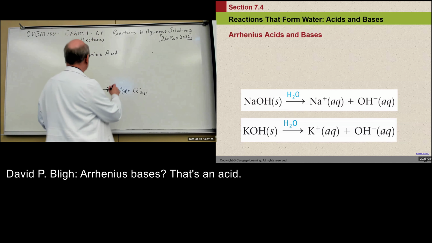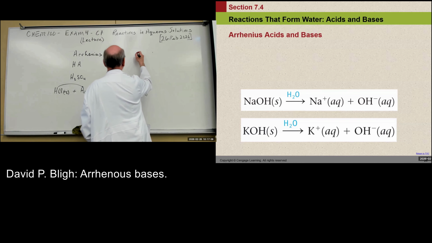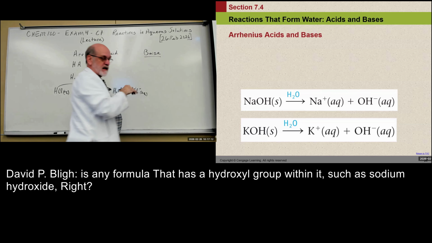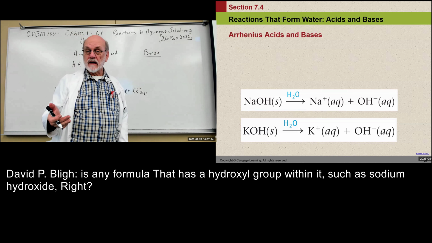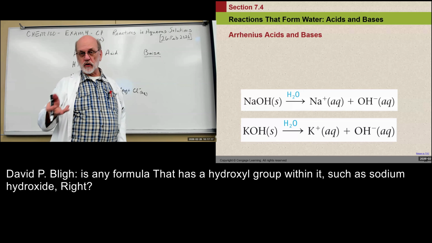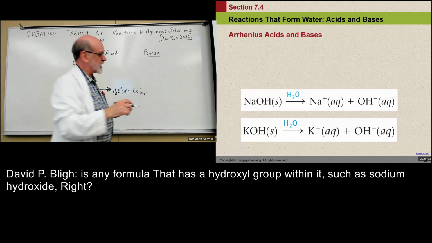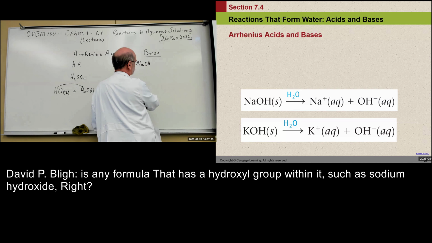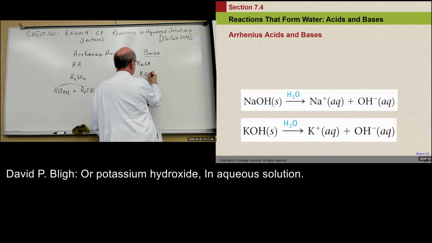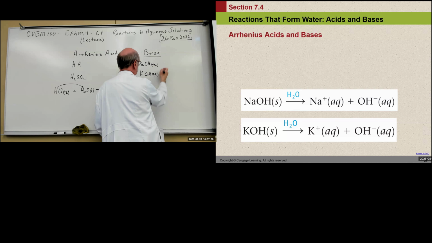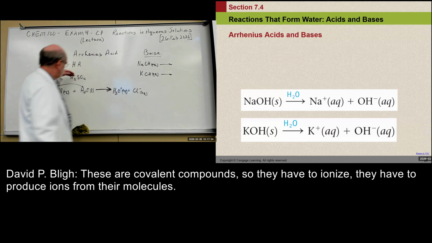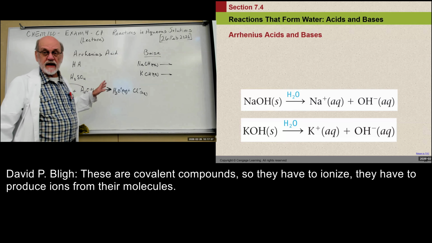Arrhenius bases, that's an acid. Arrhenius bases is any formula that has a hydroxyl group within it, such as sodium hydroxide, right? Or potassium hydroxide in aqueous solution. Now, acids are covalent compounds, so they have to ionize.